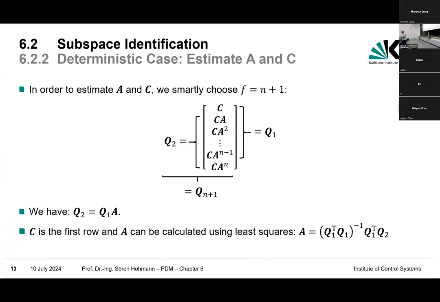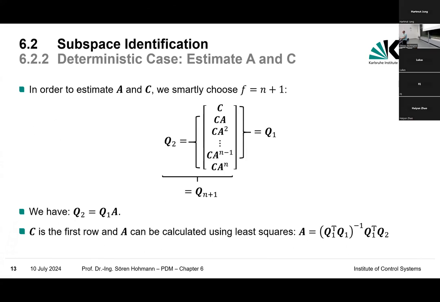And we can use this information. First, C is easily discovered out of QF because I know the number of measurements, the number of sensors. I look in the first 5 rows because I have 5 sensors.